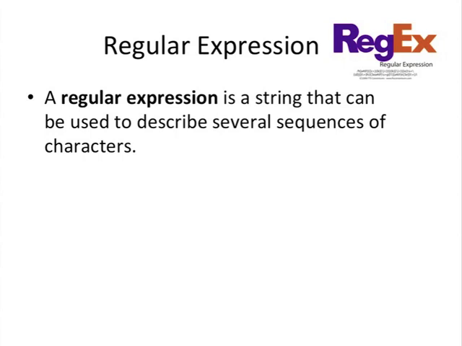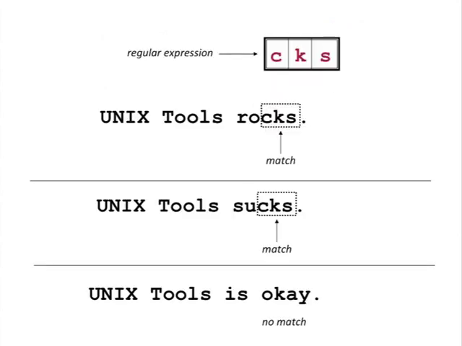Okay. So let's start with very simple examples, and as we move on, we'll see more complex regular expressions. Given a sentence like "UNIX tools rocks", we're trying to find the regular expression which is exactly this string. And that's a match, right?